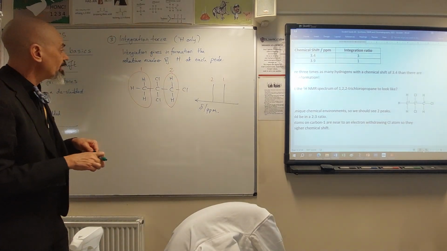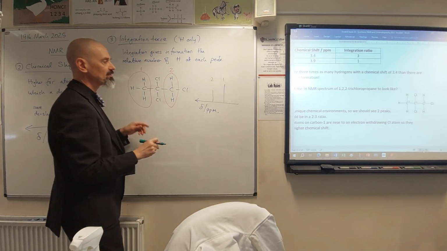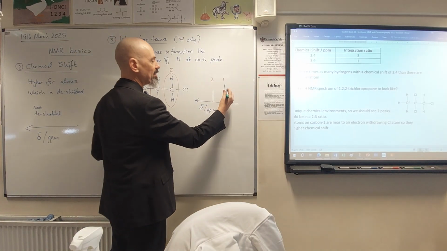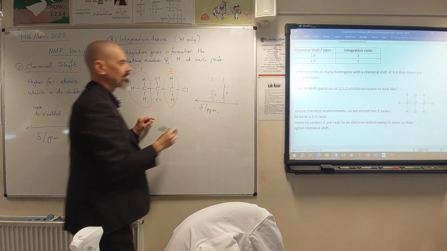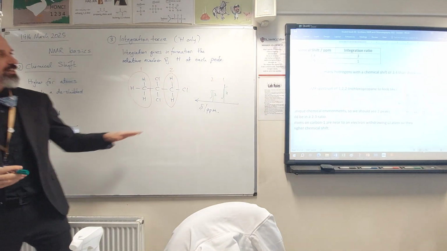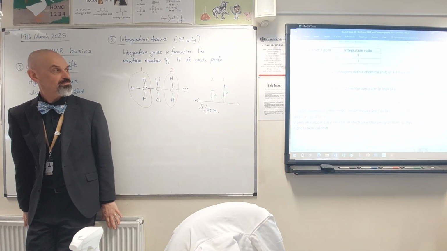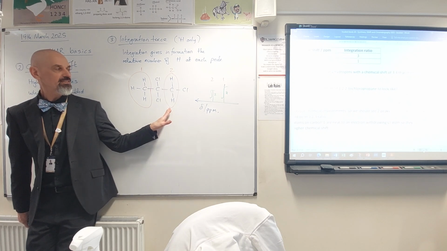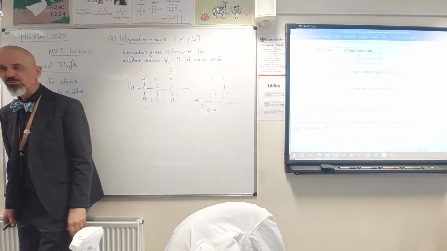Integration trace would be, well, peak 1 would be of size, I'll make it look a bit similar. Peak 1 would be of height 3 and 2 ratio. So I'd see that 3 to 2 ratio on the spectrum there. So the peak, which is further to the left, is only produced by 2 protons.